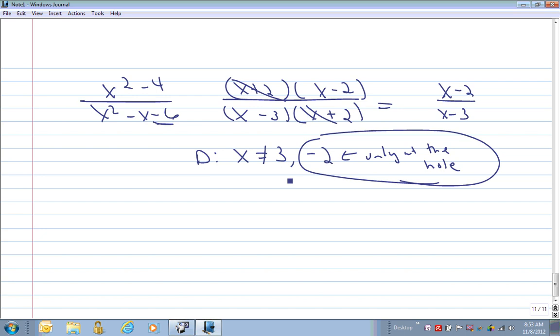That's kind of an interesting little point here I want to make. Your vertical asymptote would be x equals 3 only, because negative 2 would be where you would have a hole, not an asymptote. Just making that a big, big point for you. And then finally, your horizontal asymptote, comparing degree of the numerator to degree of the denominator, 1 over 1, and that would be y equals 1.